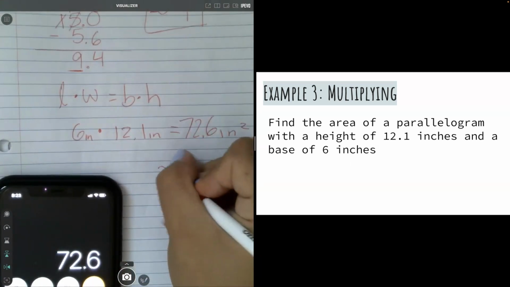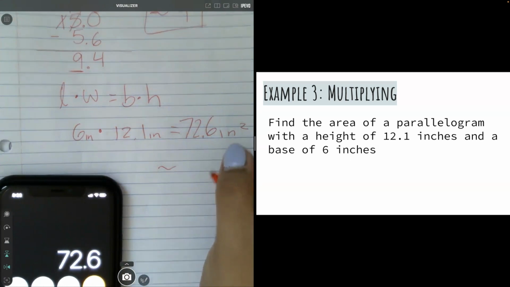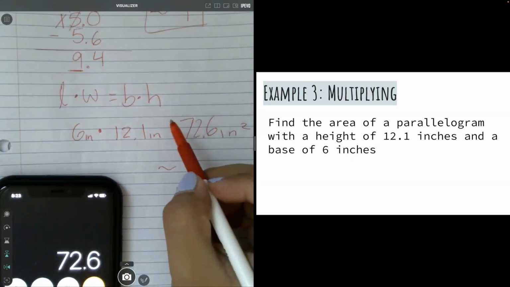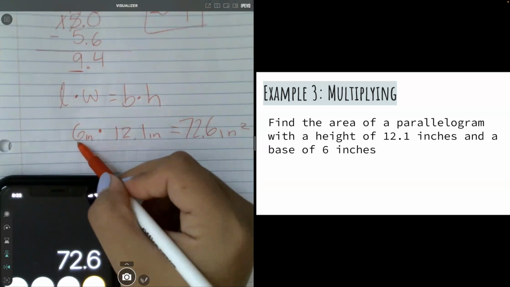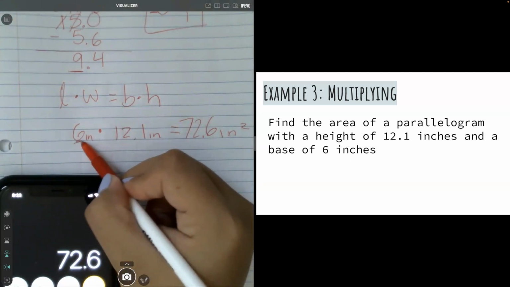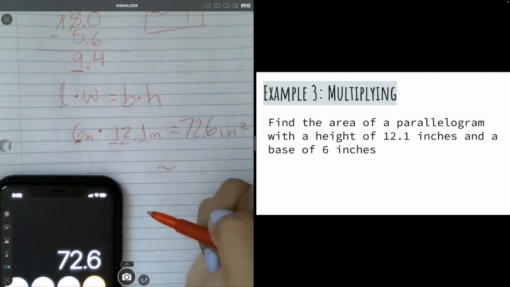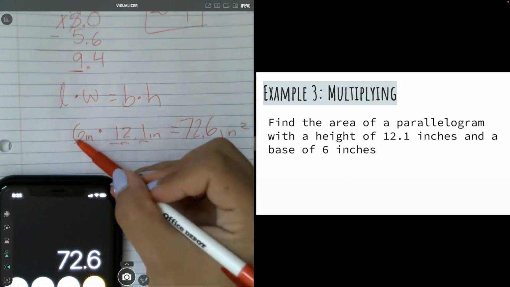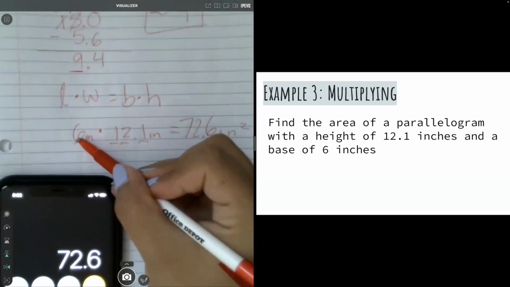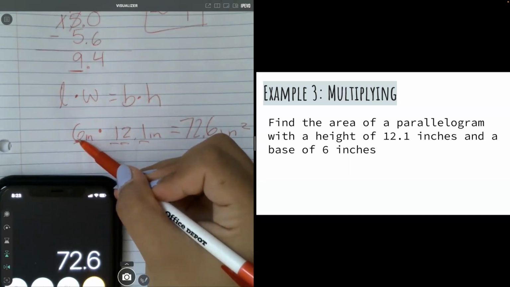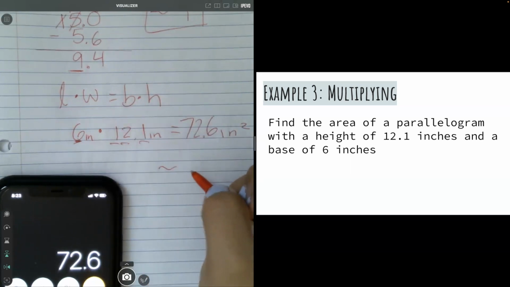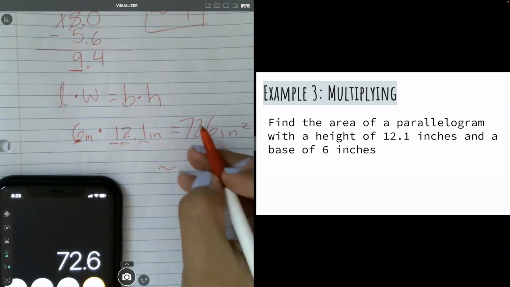But we want to round our answer to the least amount of significant figures. So here, 6 is only one sig fig, and 12.1 is 3 significant figures. So we're going to go with our answer that has the least amount, which is just 6, because there's only one significant figure. Our answer needs to have just one significant figure.